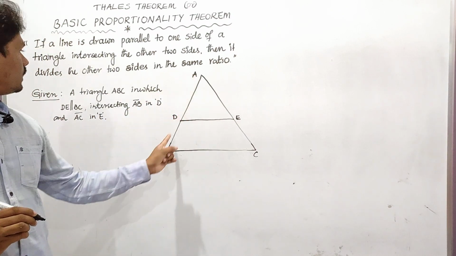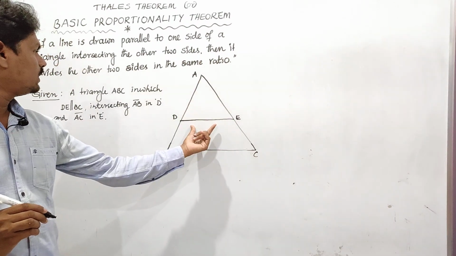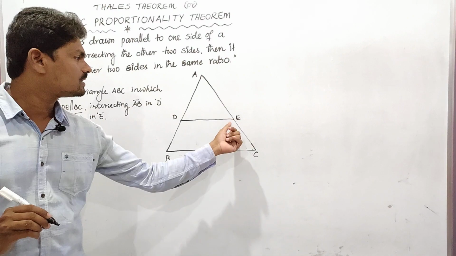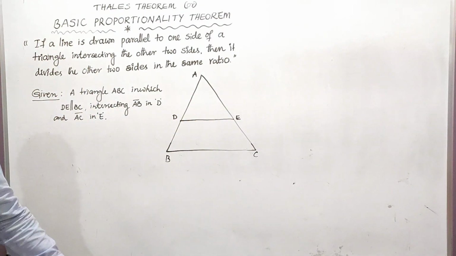A triangle ABC in which DE is parallel to BC, intersecting AB in D and AC in E. That is the first step, given.